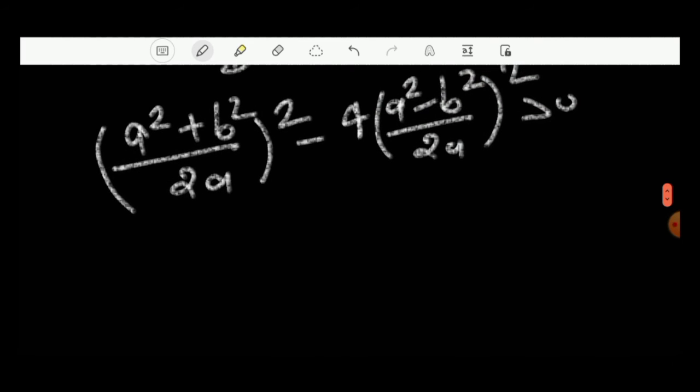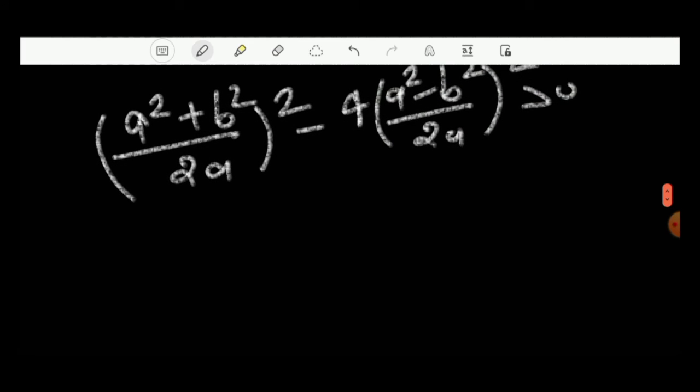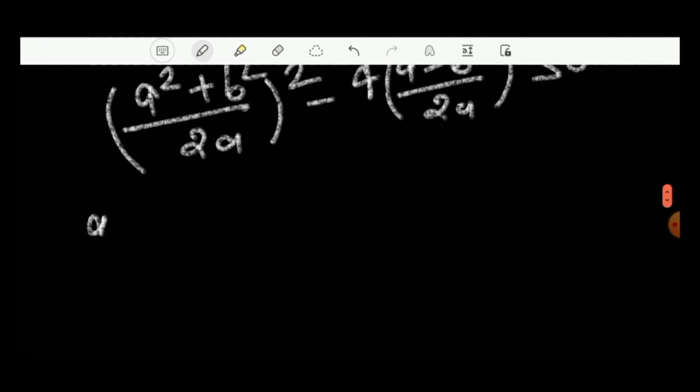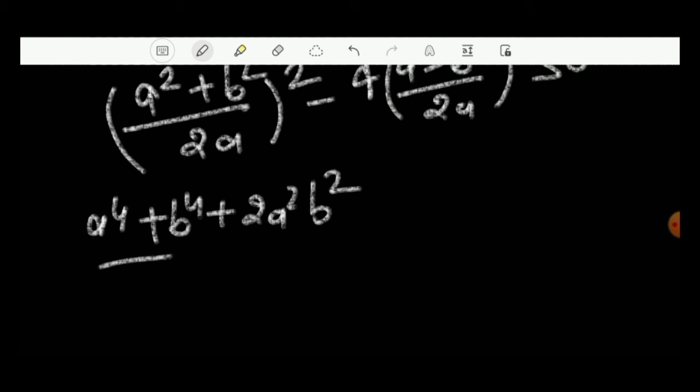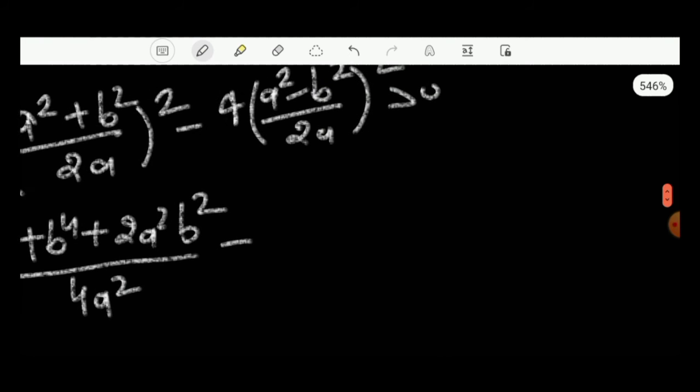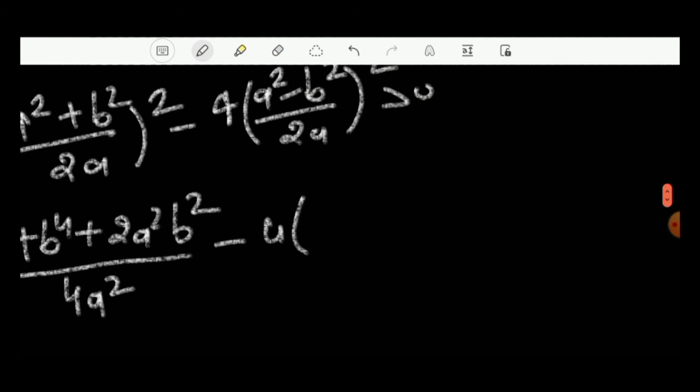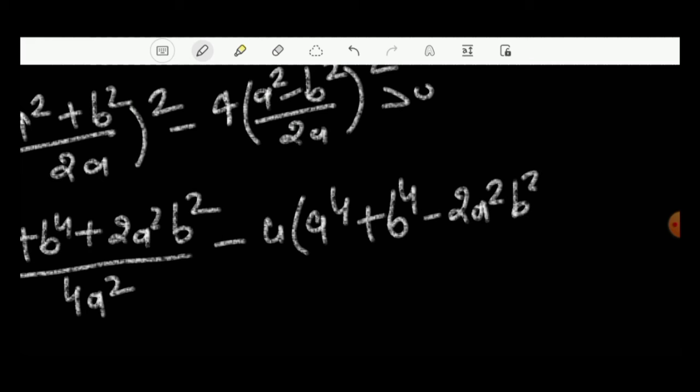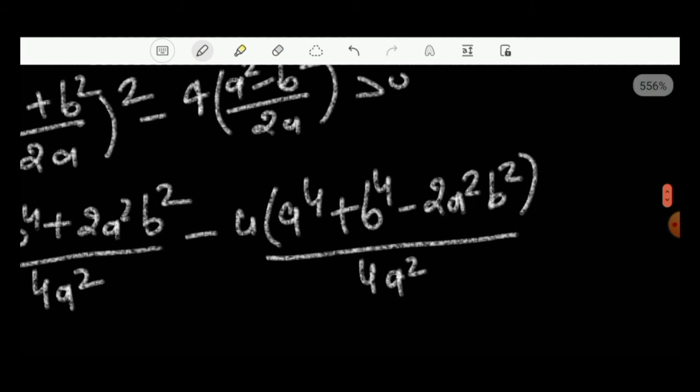And after solving this, we'll obtain a to the power 4 plus b to the power 4 plus 2a square b square divided by 4a square minus 4 multiplied by a to the power 4 plus b to the power 4 minus 2a square b square divided by 4a square greater than 0.